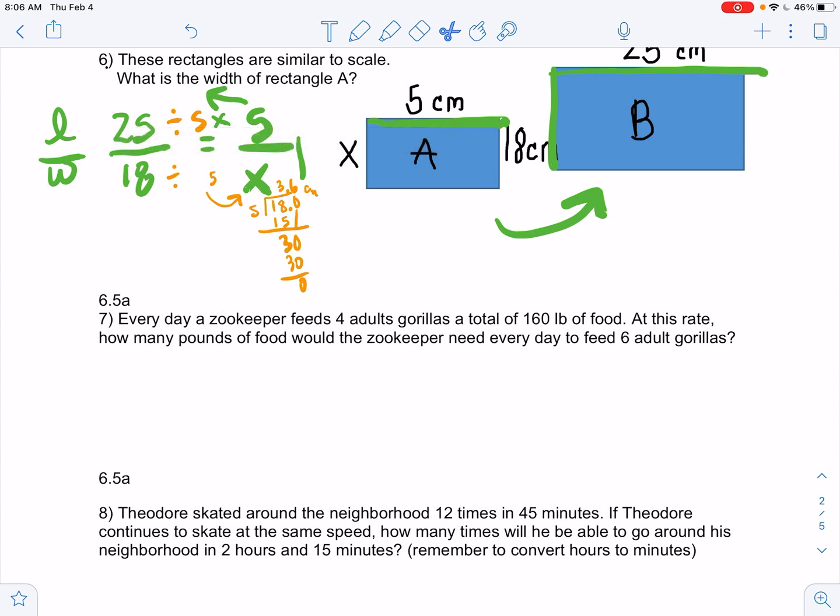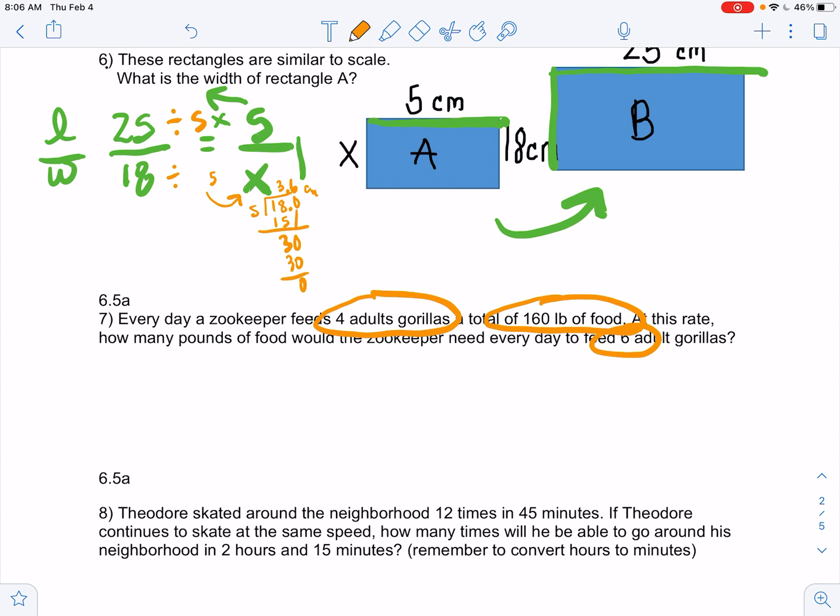Okay. Every day, a zookeeper feeds 4 adult gorillas for a total of 160 pounds of food. 4 gorillas eat 160 pounds of food. At this rate, how many pounds of food would the zookeeper need every day to feed 6 adult gorillas?